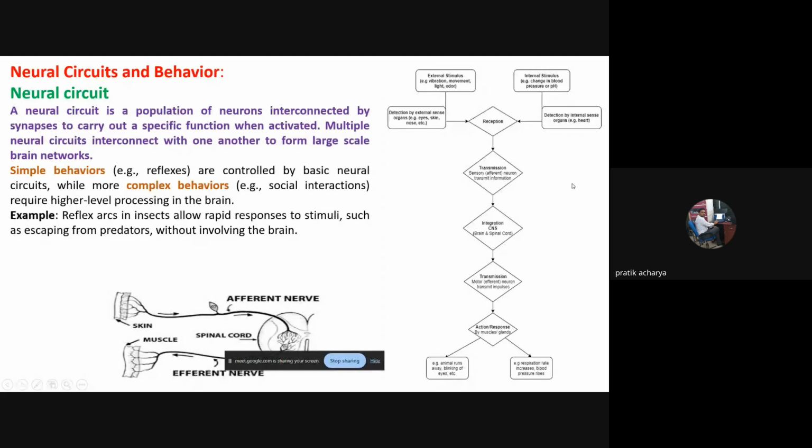That means if any external stimulus is there, for example if the carbon monoxide concentration is much higher in the environment, how does our body system understand the condition outside?